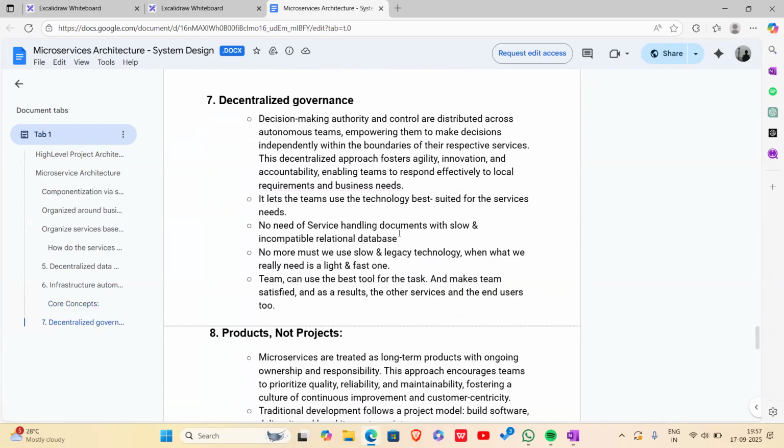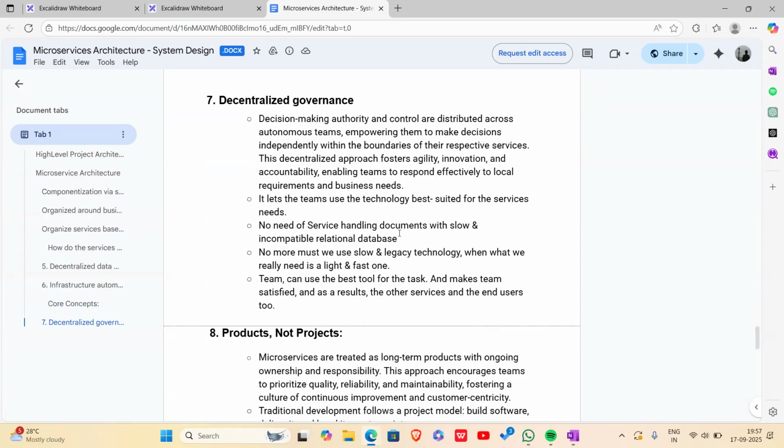Decentralized governance: decision-making authority and control are distributed across autonomous teams, empowering them to make decisions independently within the boundaries of their respective services. This decentralized approach fosters agility, innovation, and accountability, enabling teams to respond effectively to local requirements and business needs. It lets the team use technology best suited for the service's needs.